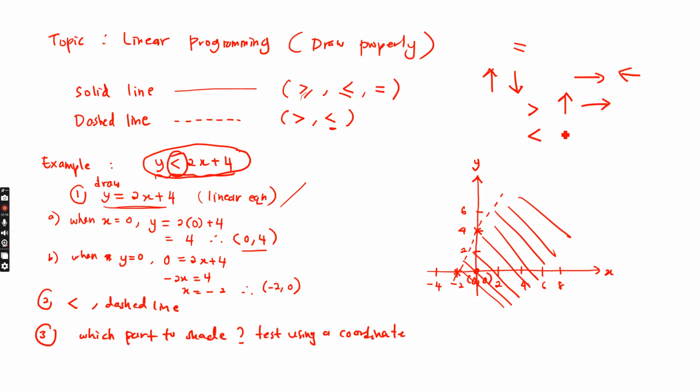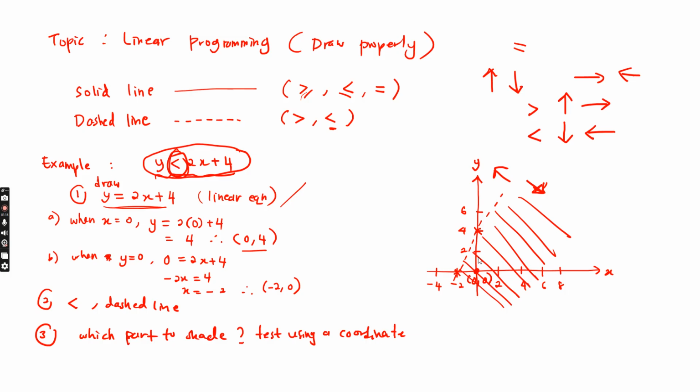If this is less than, you need to shade the down part and the left part. Our symbol here is less than, so you need to shade at the down part, which is this area.